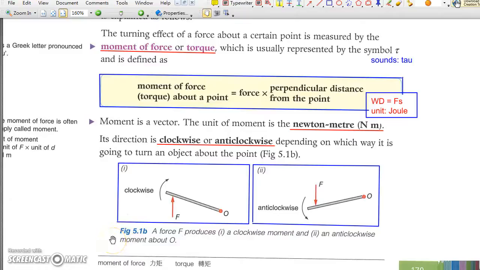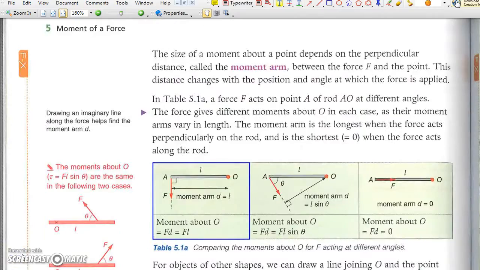Note that the unit of moment is Newton meter, but not Joule, although moment and work are both products of force and length. The perpendicular distance of the applied force from the point of rotation is called the moment arm.